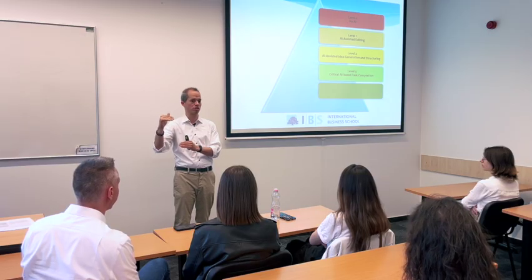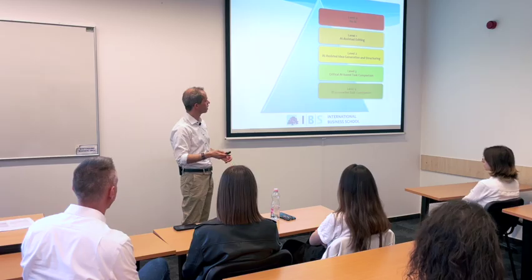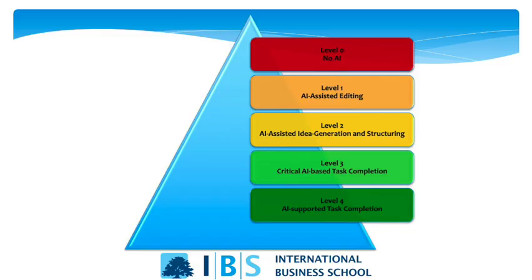Okay, you should be very transparent about that. So you need to cite the AI just like you are citing any other source. And the final level is the AI-supported task completion. Here, anything goes. So if the module leader says that you can use the AI in a collaborative fashion to complete a task, you just simply use as much as you would like.